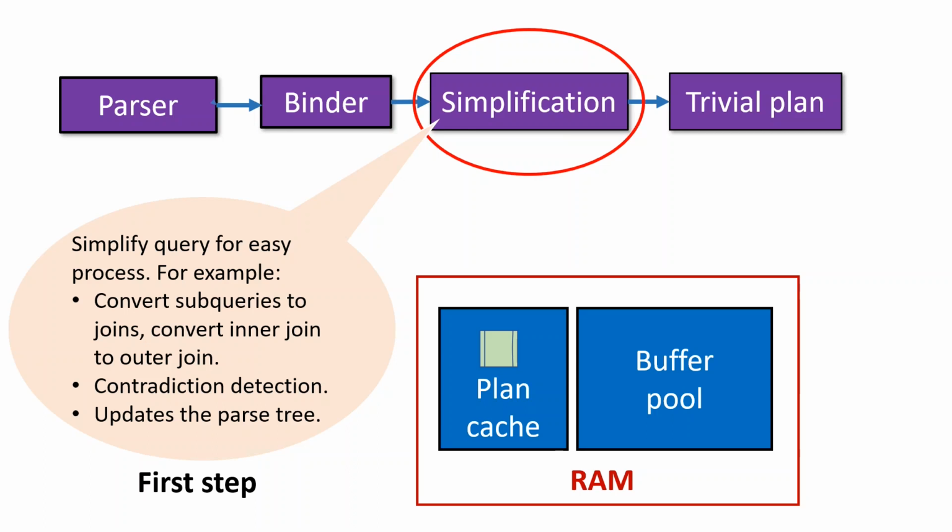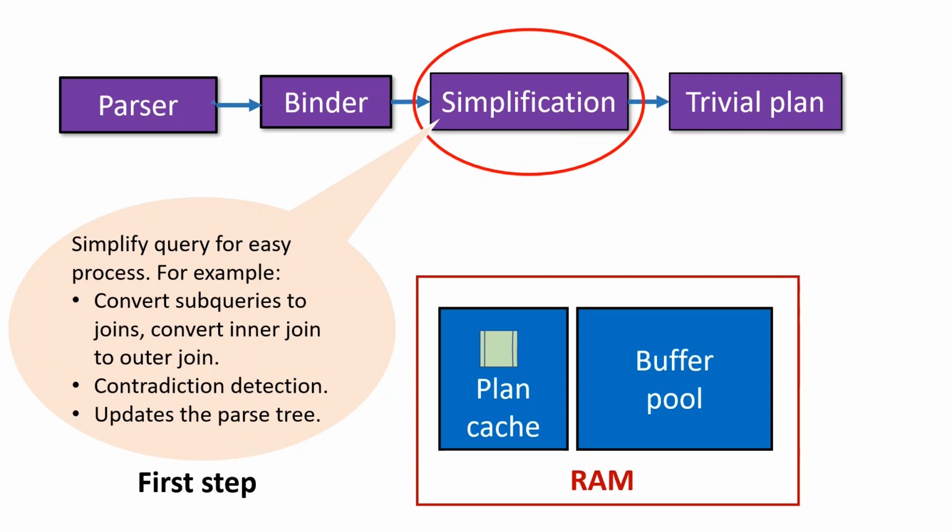No matter how many times you run the query with the subqueries, behind the scenes, they are converted into simple joins. And the contradiction detection happens here, whether you have a foreign key contradiction, or any contradiction of those kinds, they are identified at this point of time.